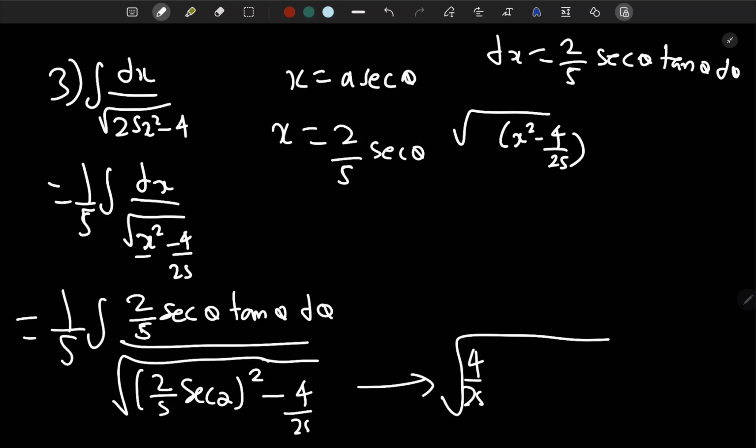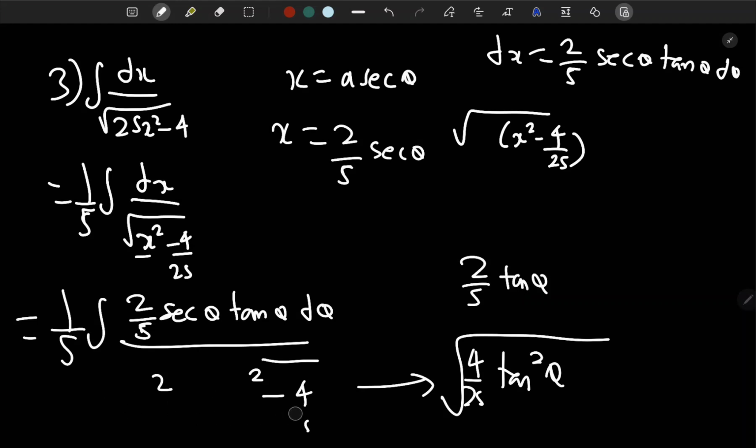So let me just replace this with now actually tan squared delta, and now we can find the square root, which is going to be 2 over 5 tan delta. So this entire denominator can be replaced with just 2 over 5 tan delta.